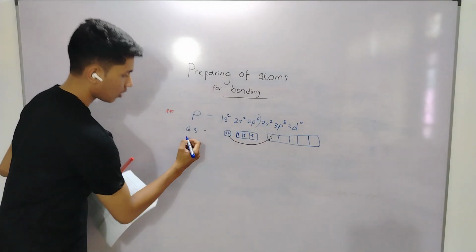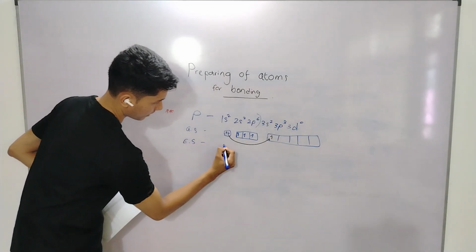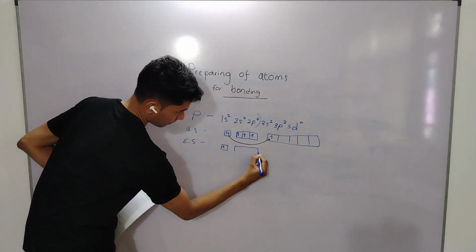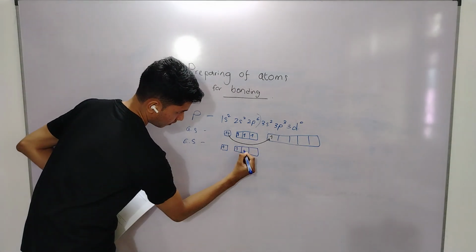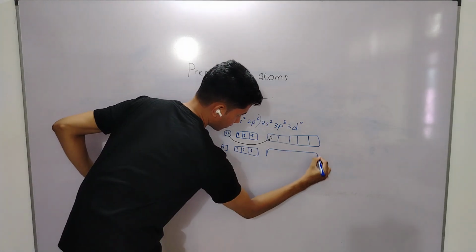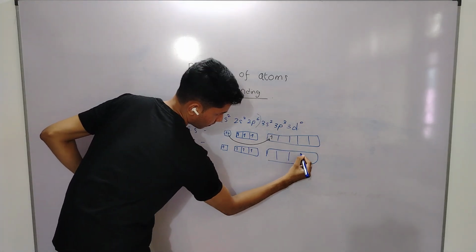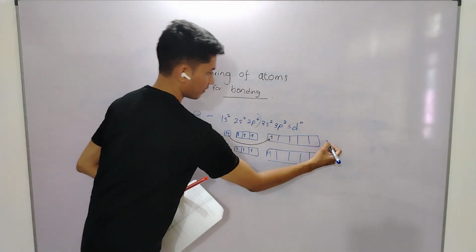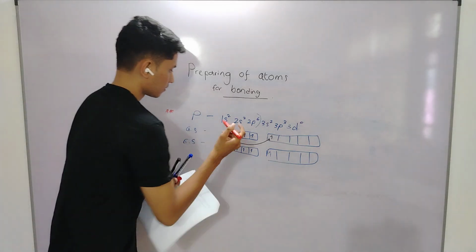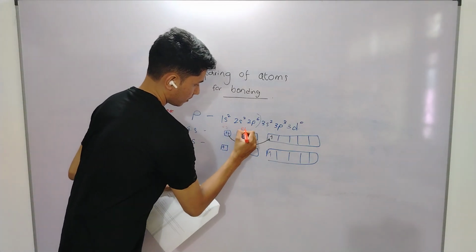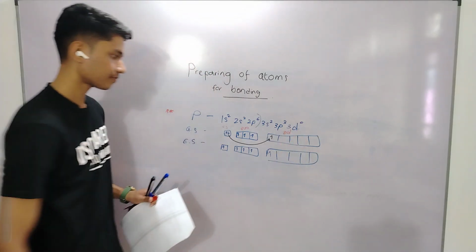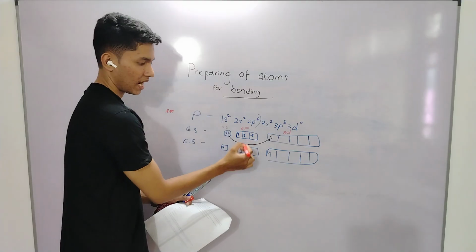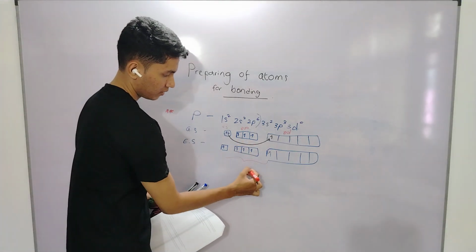So in the excited state, how are you supposed to write this? 3s like this, then 3p energy level, and then 3d. Initially, how many bonds can it form? 3 bonds. After excitation, how many bonds can it form? 5 bonds.